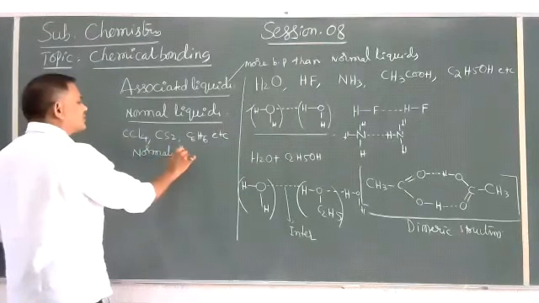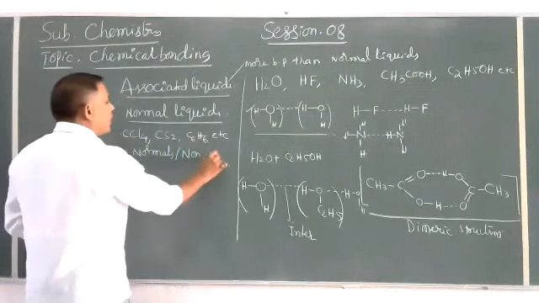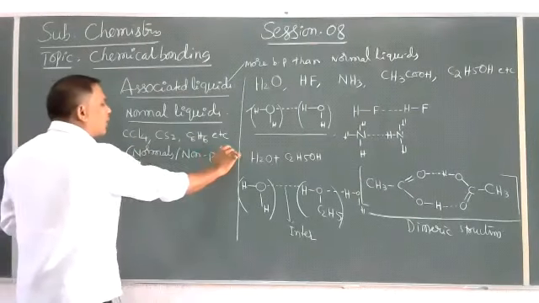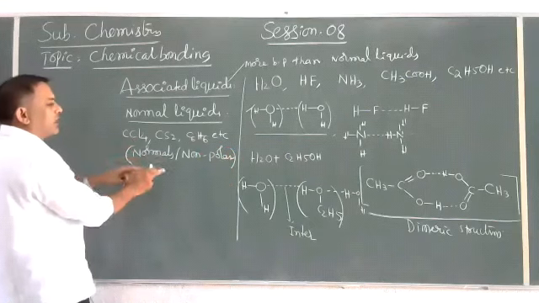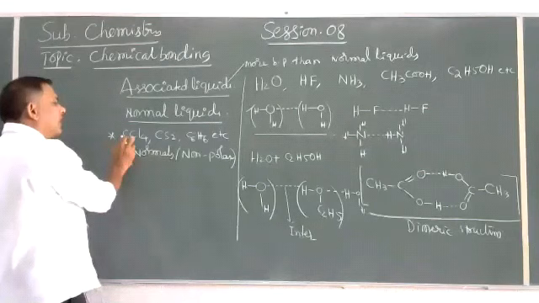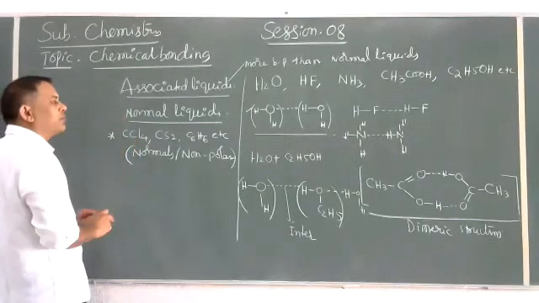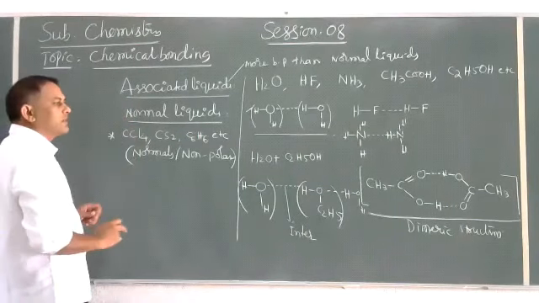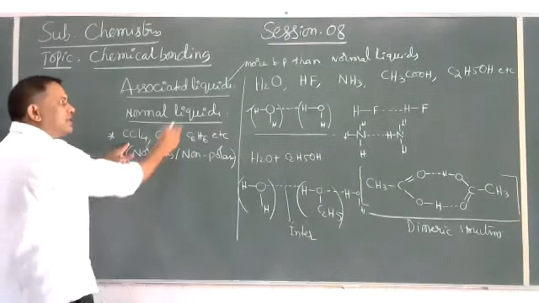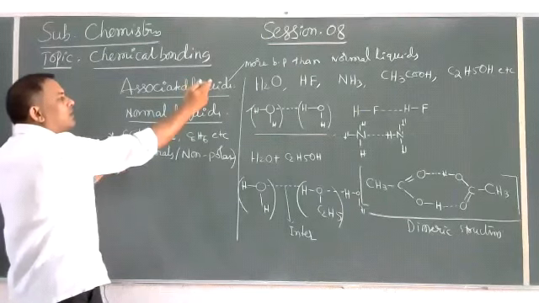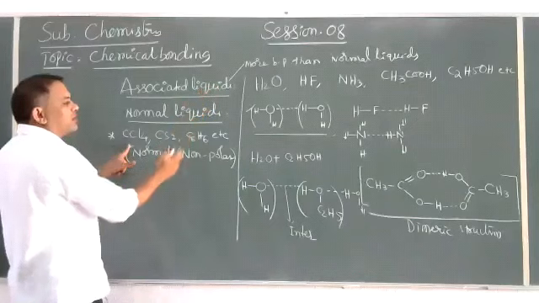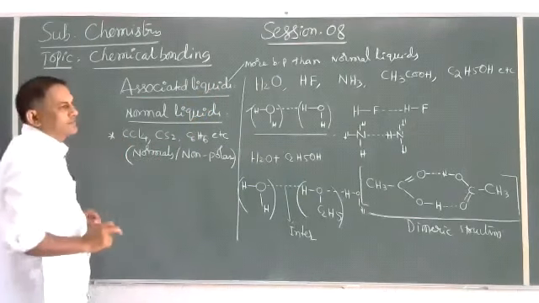These normal liquids are also called non-polar compounds. The non-polar compounds are soluble in non-polar solvents only, that is the solubility, and these have less boiling point compared to the associative liquids due to the presence of weak van der Waals forces in this. In associative liquids a somewhat strong hydrogen bond exists. Hydrogen bond strength is more than the weak van der Waals forces.